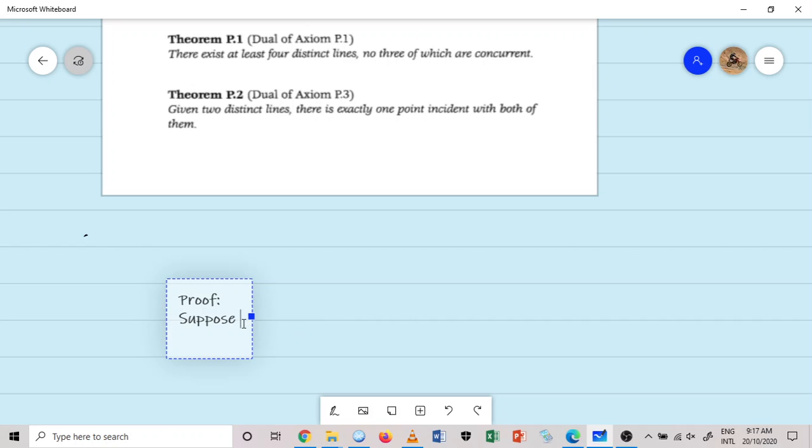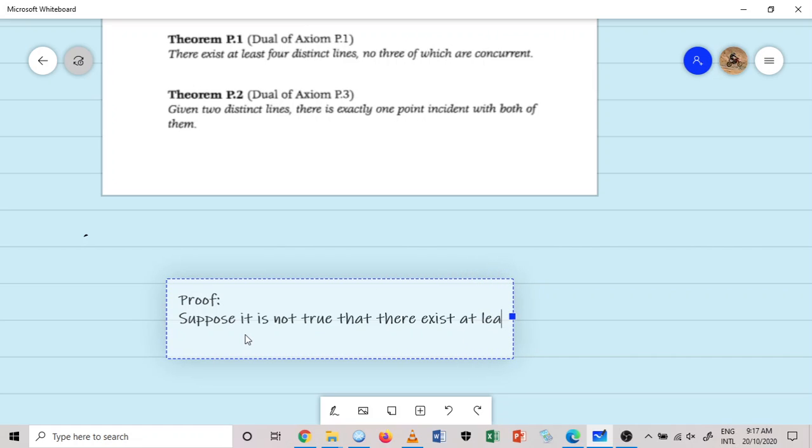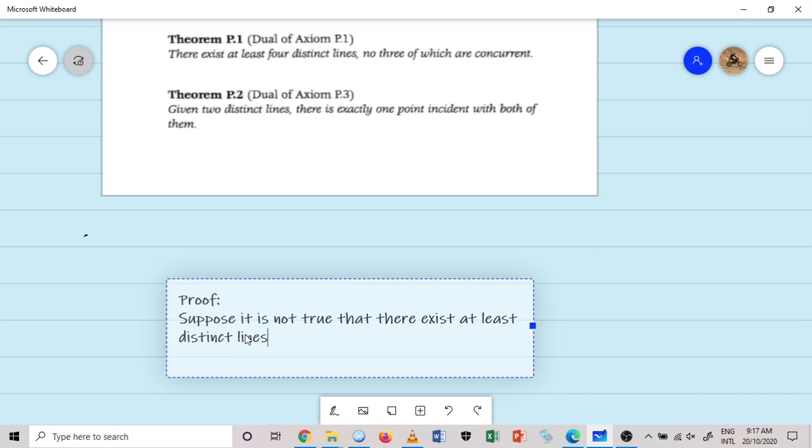So suppose that it is not true that there exist at least 4 distinct lines, no 3 of which are concurrent.